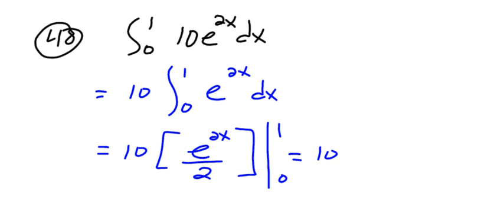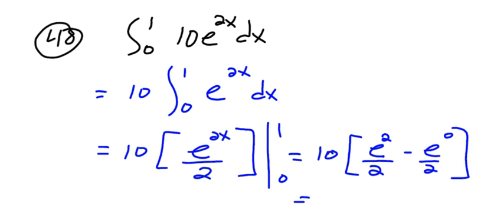So I have that multiple of 10 out front, plugging in the upper bound, and plugging in the lower bound.